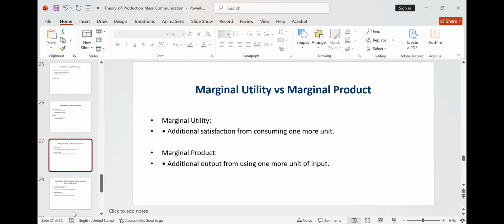For instance, if you have a plot of land and you employ an extra hand to work on it, that is a marginal cost in terms of employment. Whatever that additional hand produces will be the marginal product. Then if that additional hand's production is satisfactory enough to the firm that employs him, that will be the marginal utility.